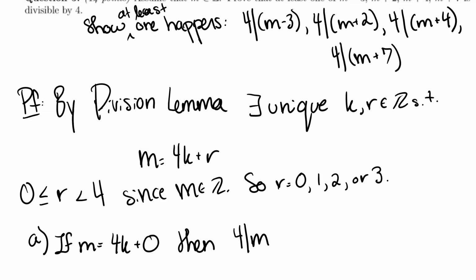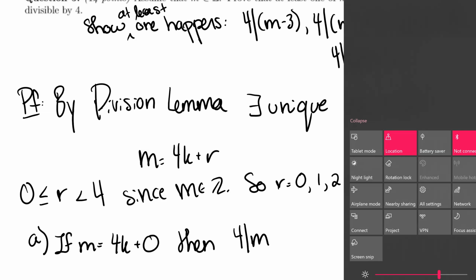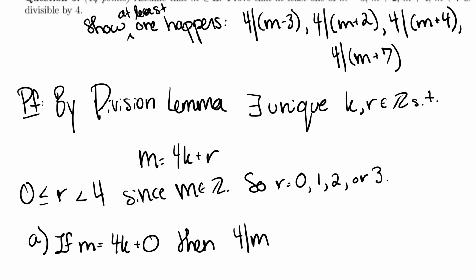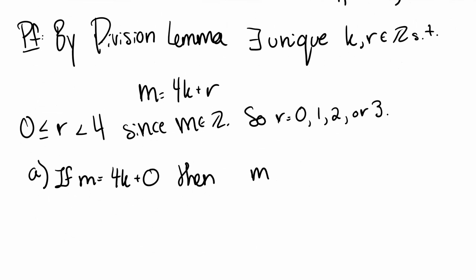So maybe we should add something to m that is also divisible by 4. That's not very helpful, what I just wrote, so maybe I'll erase that. Then m plus 4 equals 4 times k plus 1. So 4 divides m plus 4.